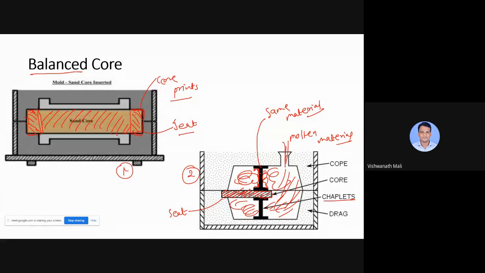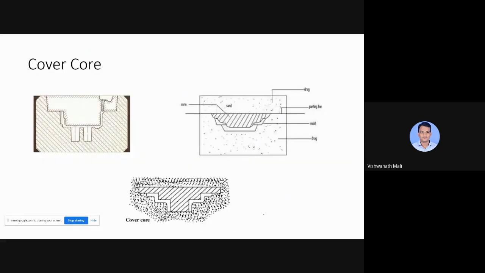It is just used to support this core, to balance this core, and when you pour the molten metal, only the surface of the chaplet gets fused, not all the part of chaplet, and it will become the part of our casting, right? So this type of core is known as balanced core. Remember, chaplets are made up of the same material as the molten metal or casting. Whatever the casting we are producing, the material will be the same for the chaplet. So this is called balanced core.